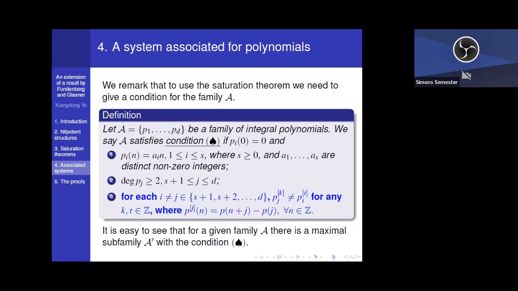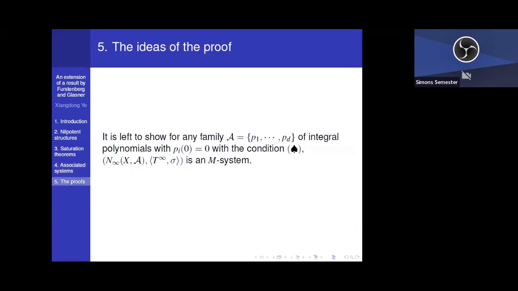I mean, given a finite collection of polynomials, for example, n squared plus 2n, if you apply this operator, most of them are the same. So you should exclude one polynomial from the family, and keep the other. So you have the maximal family, which should be okay for us.